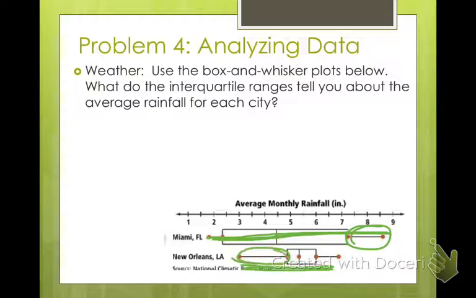This is longer, which means we have a bigger outlier, but this box right here is what I'm interested in. This has a huge box right here, which means our data is really spread out, whereas this box right here being smaller, sorry, I just kind of wrote all over it. That box being smaller right there kind of means that our data is more condensed, so that means there's more consistent rainfall in New Orleans than there is in Miami.